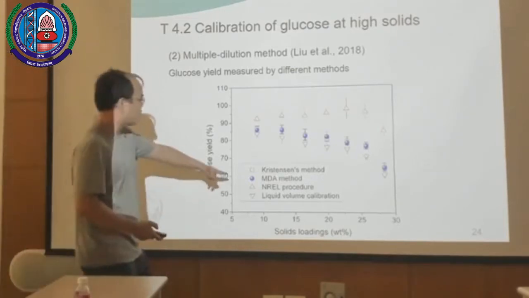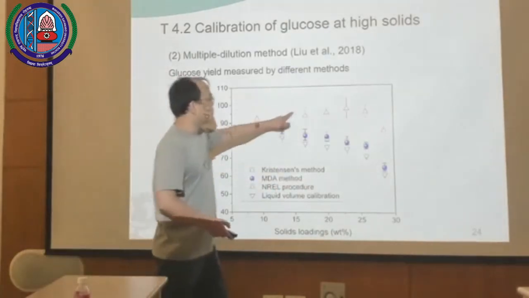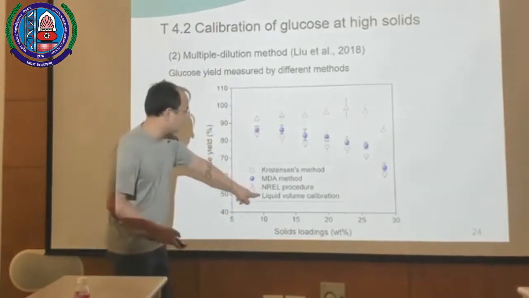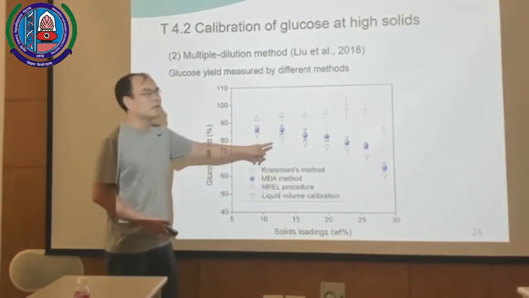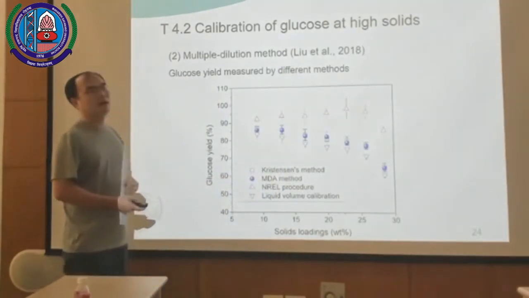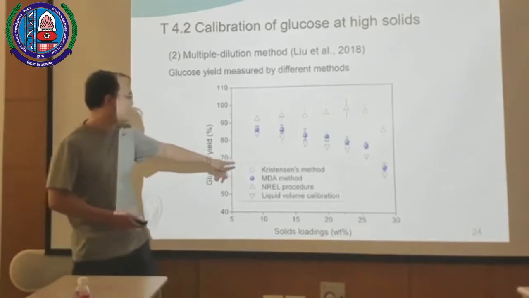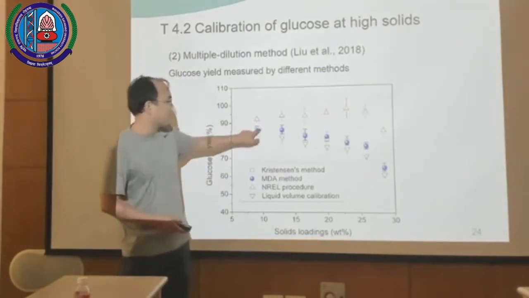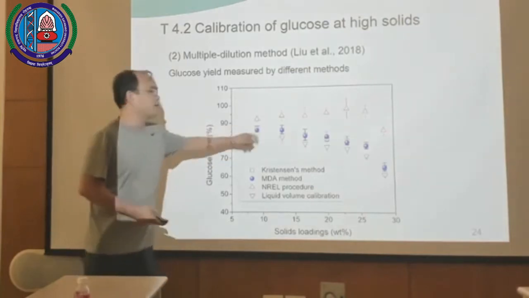If I use the envelope procedure, the yield is very high, very good. But if I use the liquid volume calculation method, the data is very poor. It's underestimated. Christian's method is okay. And this is my multiple dilution method. Fits very well.